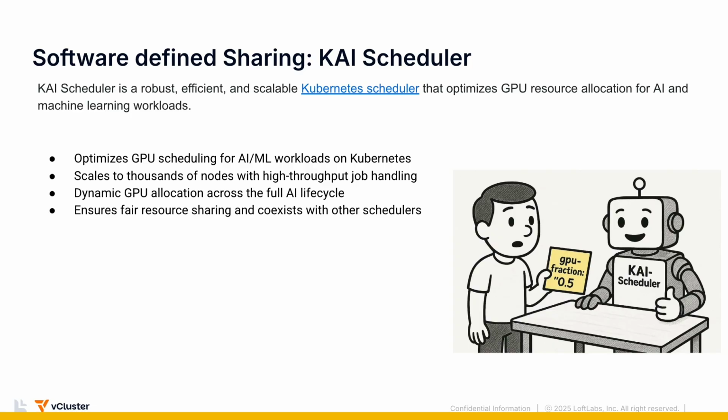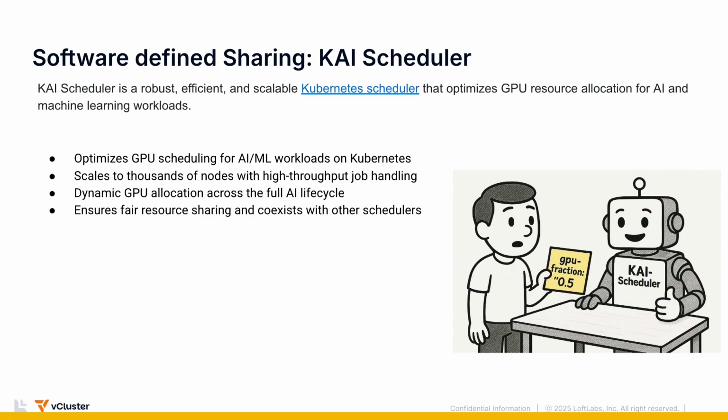The Kai Scheduler is a scheduler from NVIDIA which helps you allocate GPU for your research and inference. For example, if there is 1 unit of GPU, you can have a fraction of a GPU for your fractional use cases. One GPU can be broken down into 2 parts, for example, and one part is used by your inference and the other part by your training. So that can be possible.